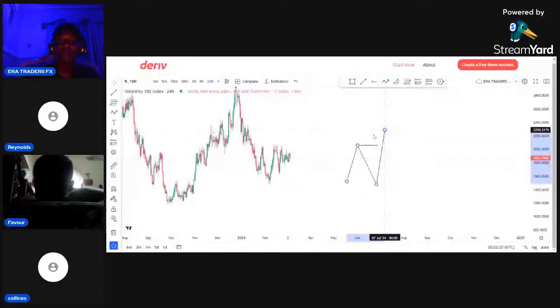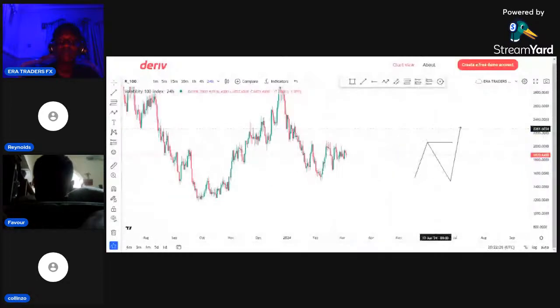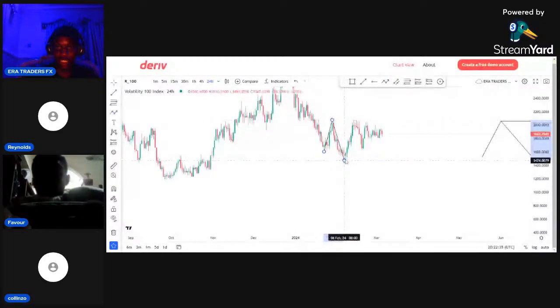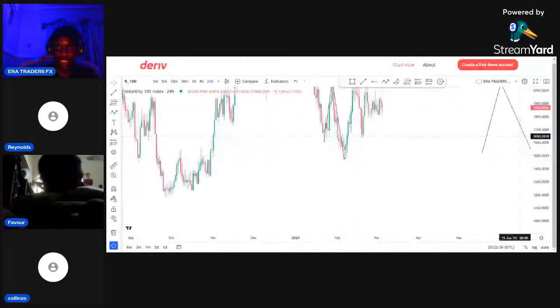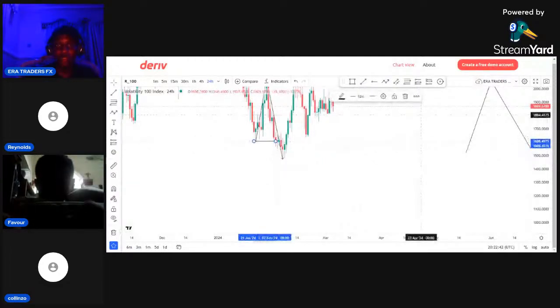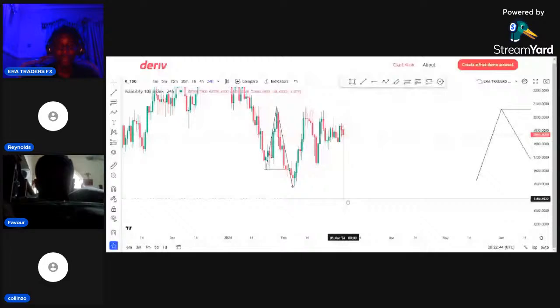Do we get that? For example, we will not say a break of structure when this price came down and broke here. It is because there was a candle closed below the old low that we can say that's a break of structure.